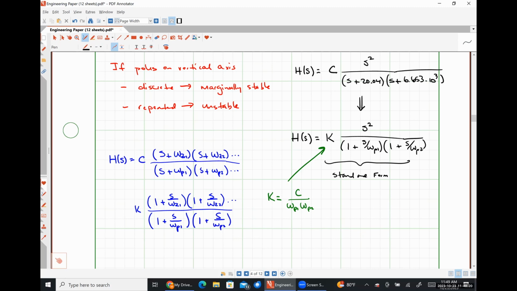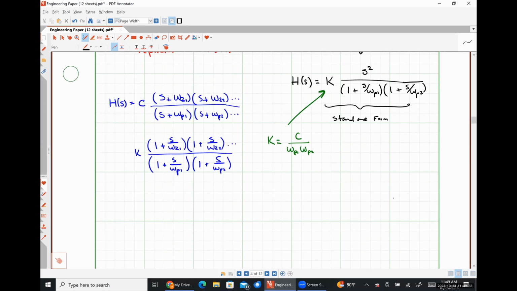So in this case over here, our C would just be multiplied by a factor of omega Z1, omega Z2. That's just trying to illustrate what's going on there. Okay, so what should K be for this thing? Since I made a mistake in my notes, I need to go to my calculator really quick.